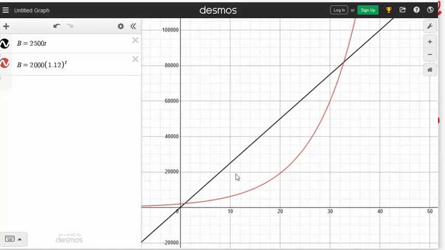Remember, the Y value here represents the money. So in this situation, the black line is showing me more money than the red curve.